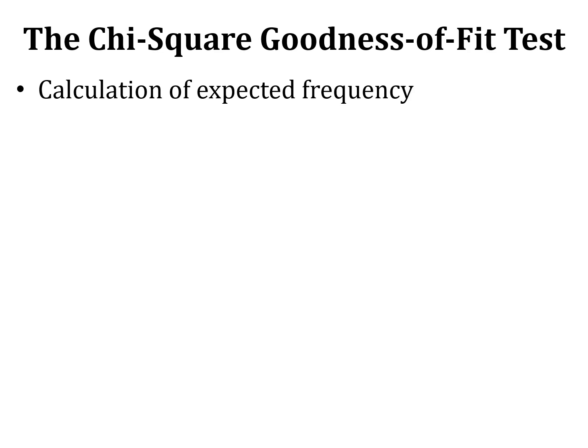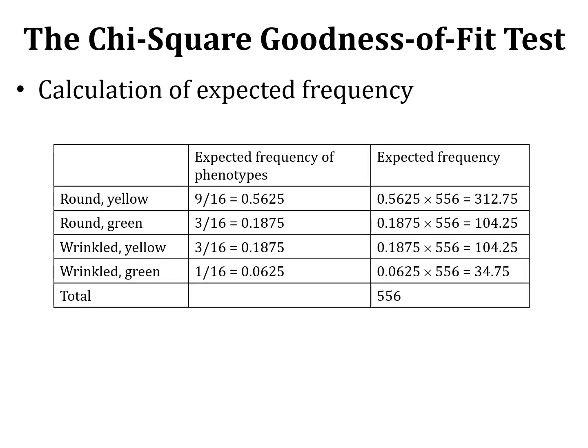The next step is calculation of the expected frequency, and how do we calculate the expected frequency on the basis of our null hypothesis. Our null hypothesis is that the results of this cross follow Mendel's law of independent assortment. Therefore the phenotypic ratios should be 9, 3, 3, 1.